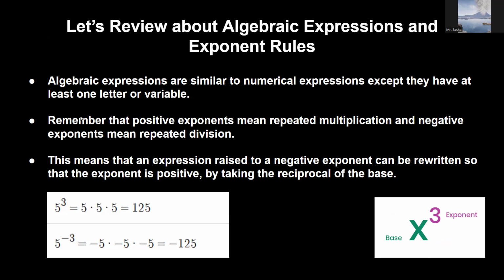A positive exponent means repeated multiplication, and a negative exponent means repeated division. An expression raised to a negative exponent can be rewritten so that the exponent is positive by taking the reciprocal of the base. And remember, a reciprocal is switching over a fraction, okay?